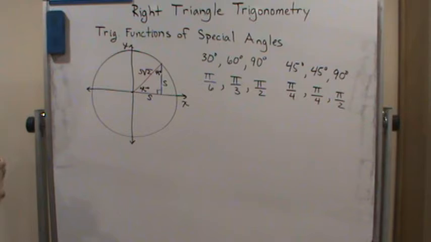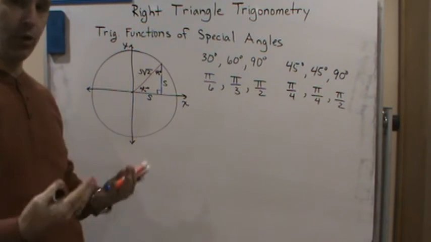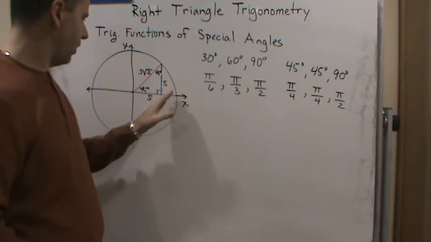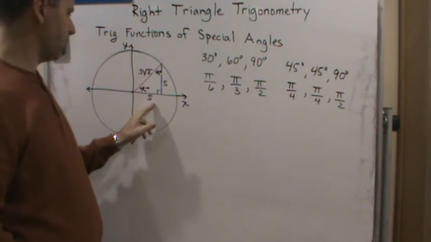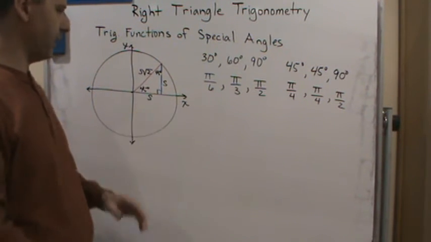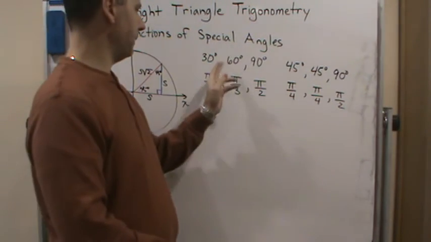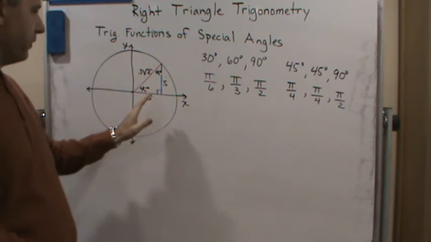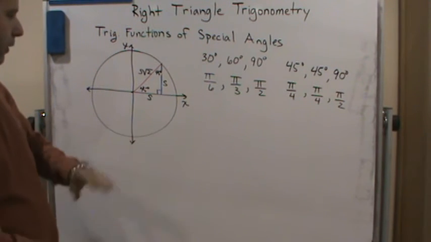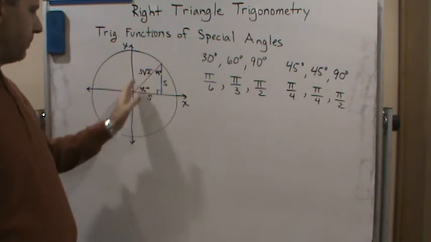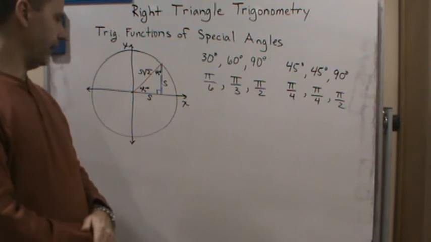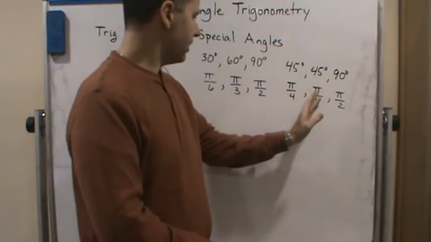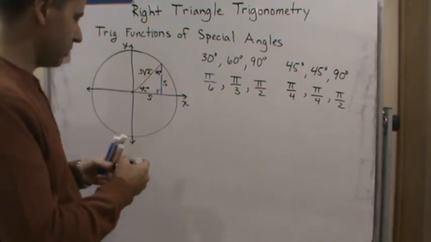Now the thing is we can get all of these measurements by using the Pythagorean theorem. If we know the two sides, we can get the hypotenuse by using the Pythagorean theorem. Likewise with the 30, 60, 90 triangle. So for a 45, 45, 90 triangle, this is the relationship of the sides. So let's do this here.